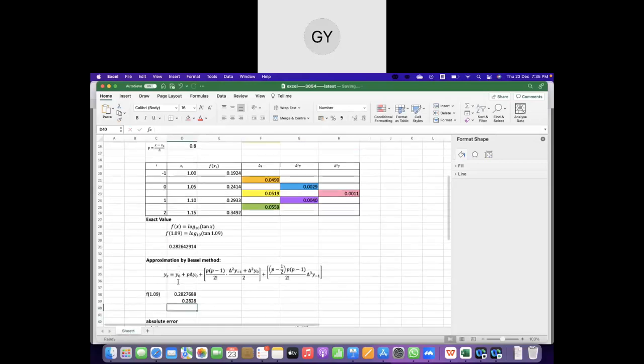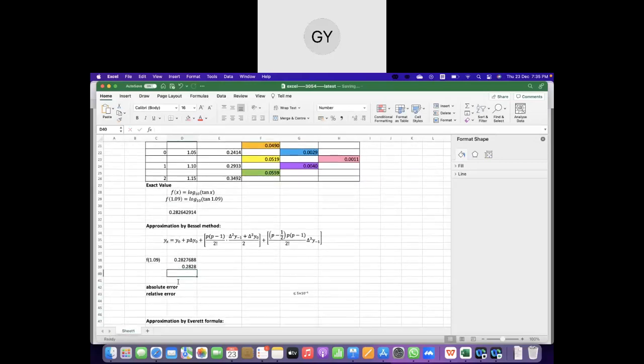After finding the approximation value by some method, we try to find the absolute error. The absolute error formula is the exact value minus the approximation value, then take the modulus. So it equals 0.2826429114 minus 0.2828.